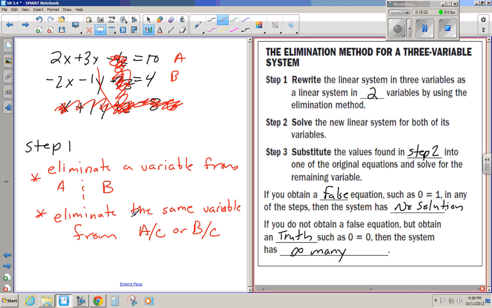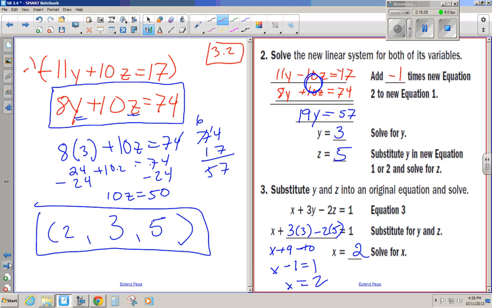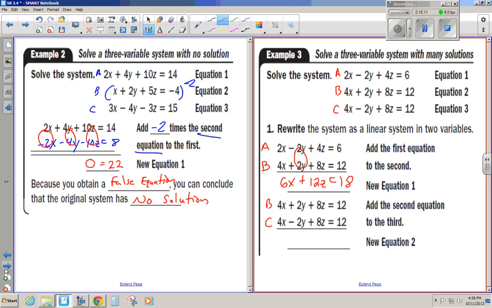Eliminate the same variable from either A and C or B and C. So for this example, we're looking at B and C. 4x is 8x. 2y, negative 2y, 0. And then 8 and 8, that's plus 16z equals 24.